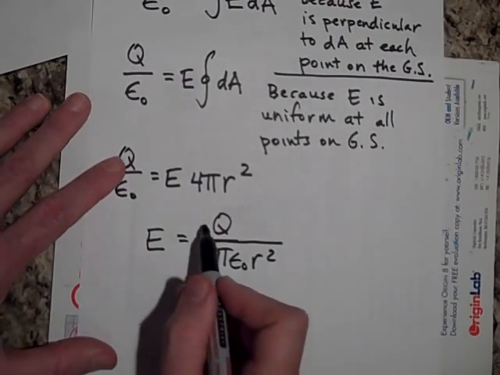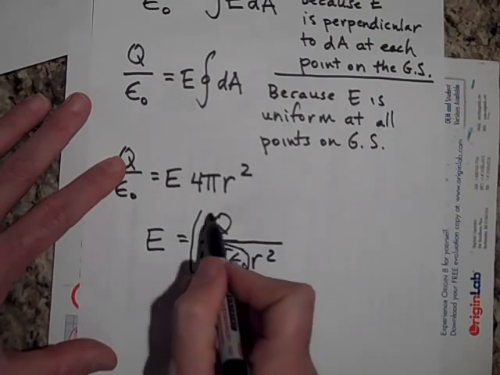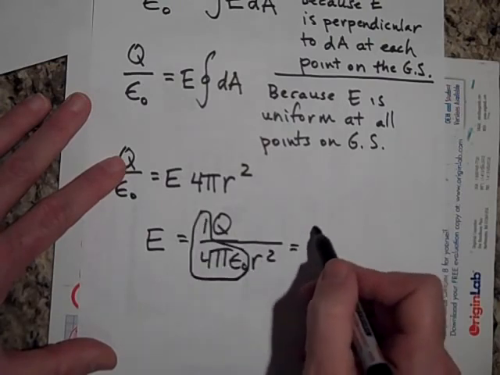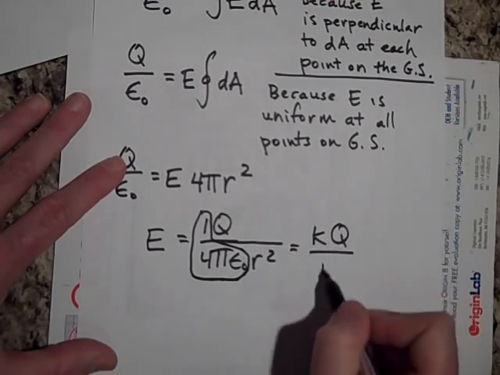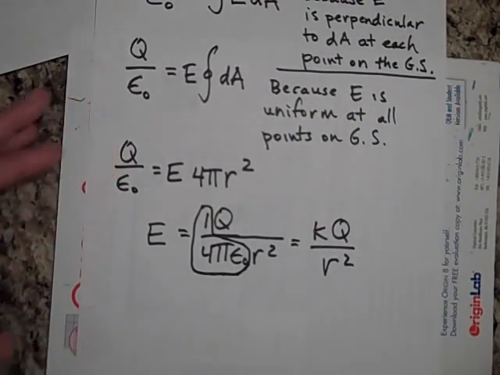Hey, but 1 over 4 pi epsilon naught, that right there is K. So I just used Gauss's law to derive something that we already knew, but it's much more powerful than that.